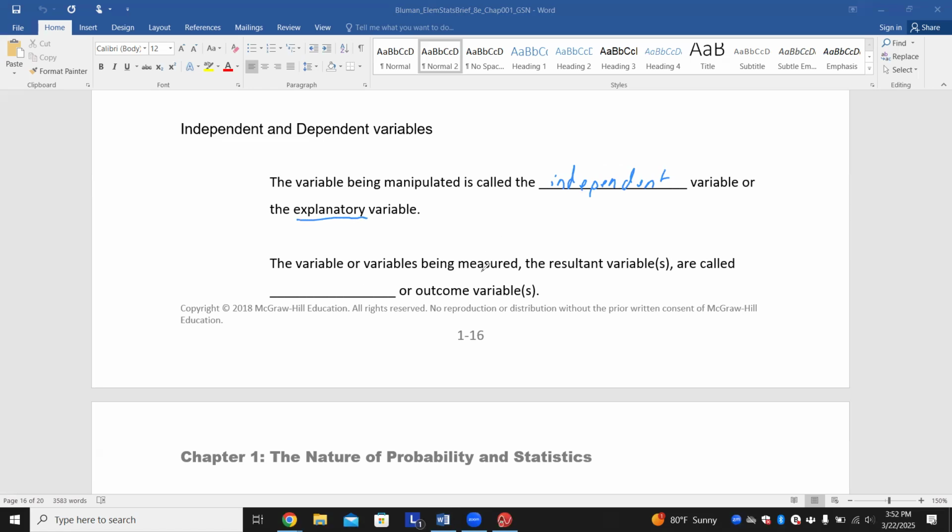The variable or variables being measured from the result of the independent variable, the resultant variables, are called the dependent or outcome variables. So basically, again, we are changing a drug. So that's the independent variable, the drug being changed. The dependent variable is the outcome of the drug. Did it heal the diagnosis or not? Right. So independent is the thing being manipulated. Dependent is the variable being observed. What are we observing the change of?